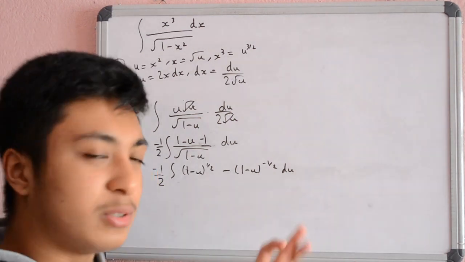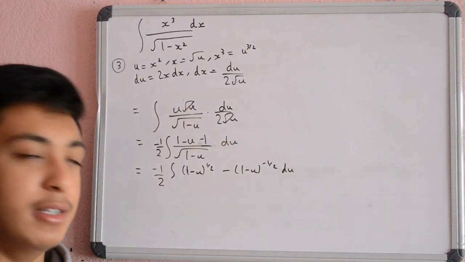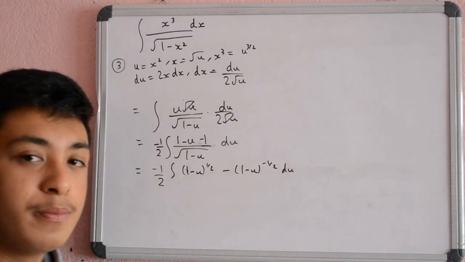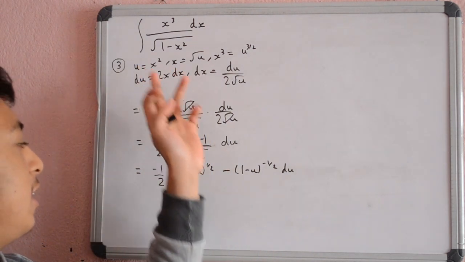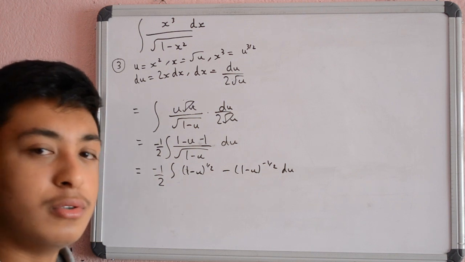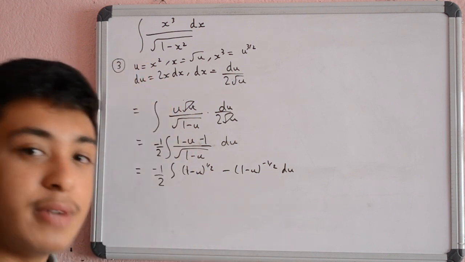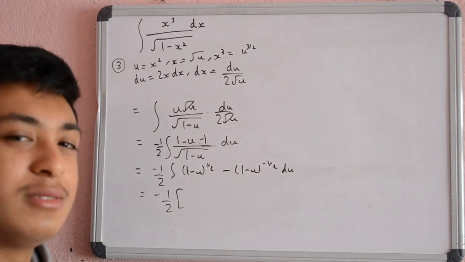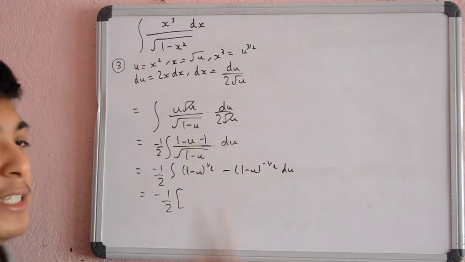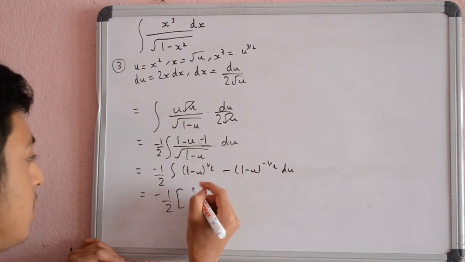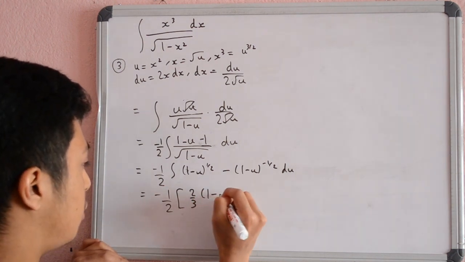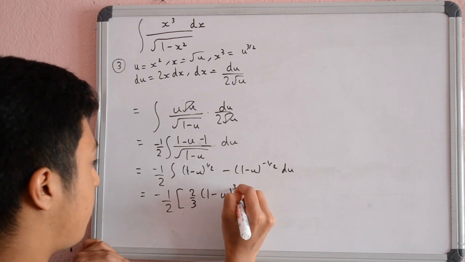So this is so much like the second method, but instead of 1 minus u, we just had u, but we just let x squared equal to here. So you can see where we're going with this, right? And minus 1 by 2, and let's just do the integration right away, because we did it in the second method. So this is just 2 by 3, 1 minus u to the power 3 by 2.